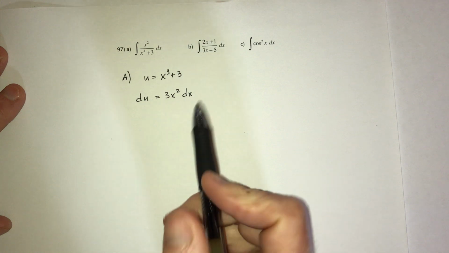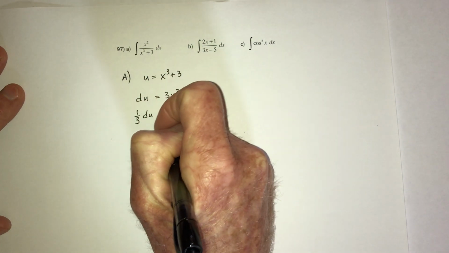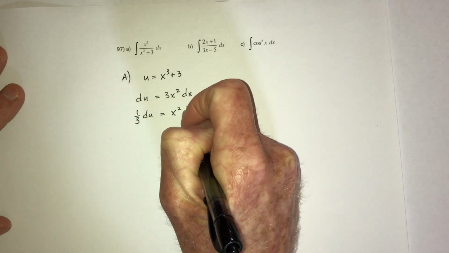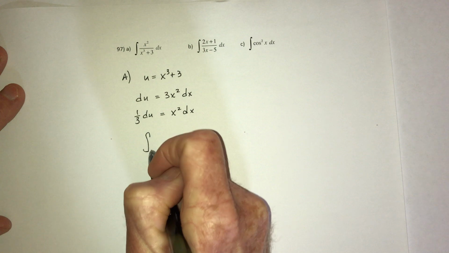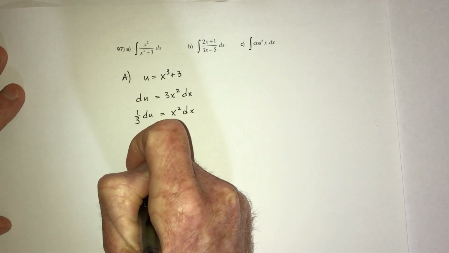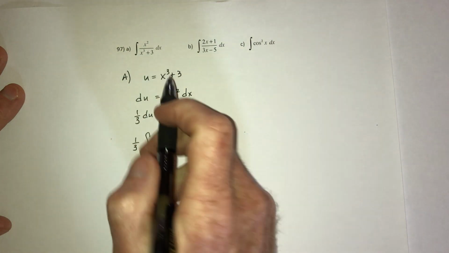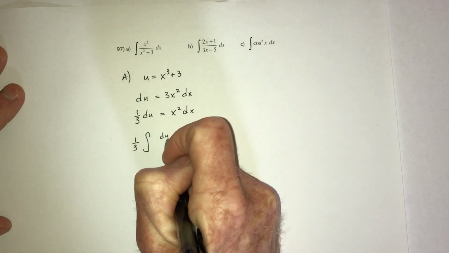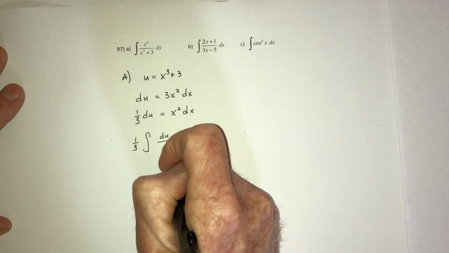So just get rid of this 3, multiply both sides by 1/3. And then it's ready for the u substitution. So this 1/3, I prefer to just factor that out. And then the numerator would be just du, and the denominator, well, that's just u.